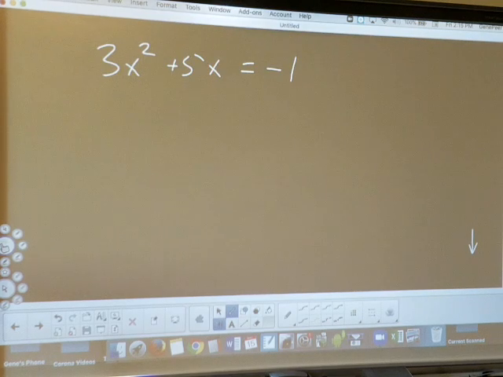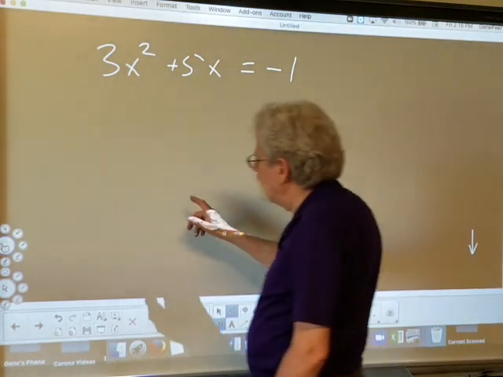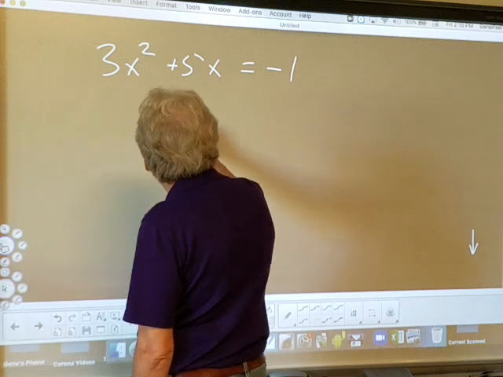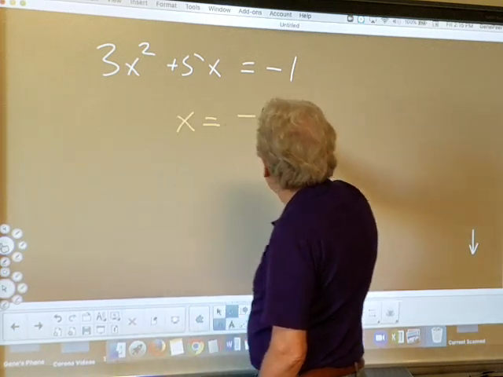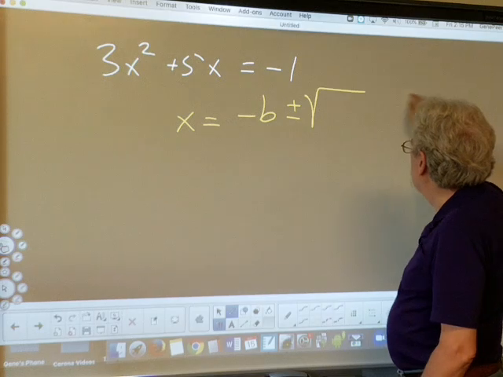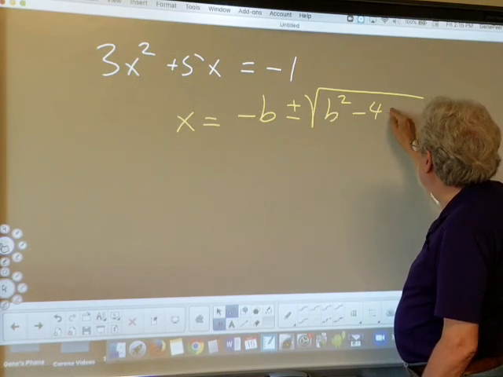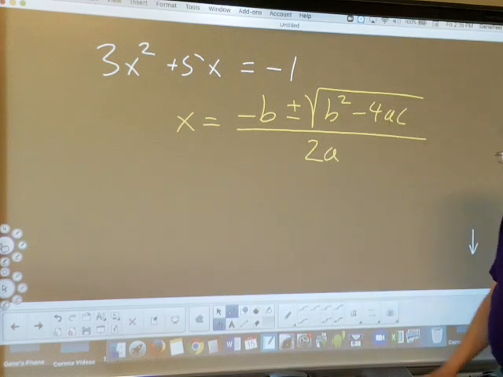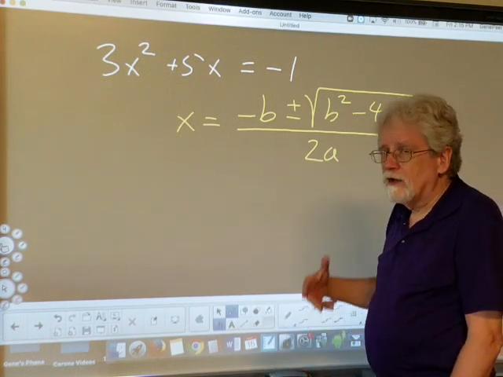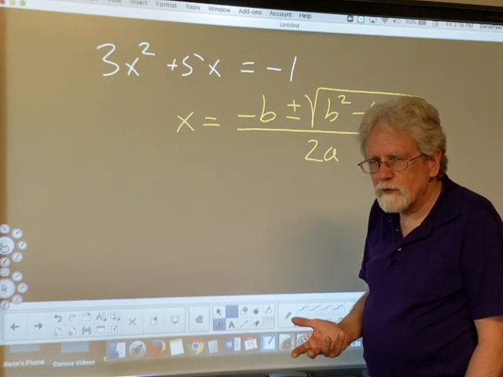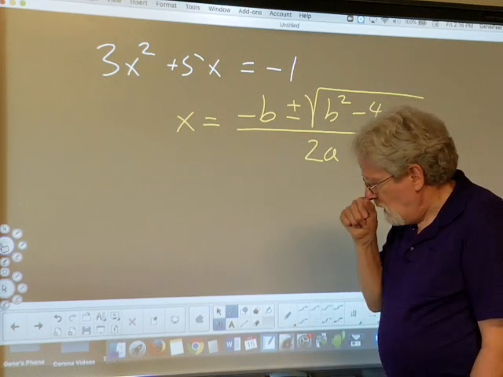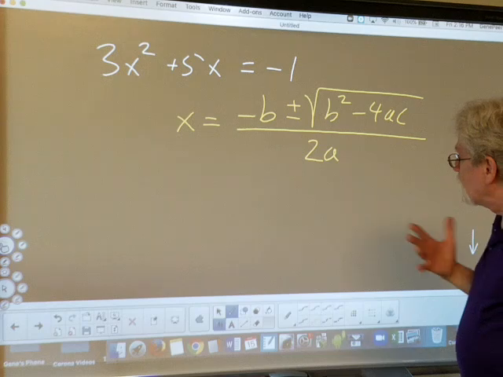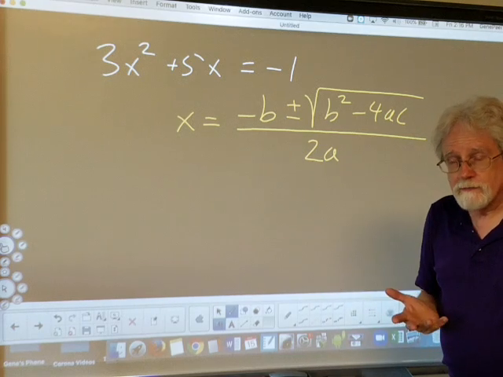Let's look at another example. As always, we start with our friend: x equals inverse b plus or minus the square root of b squared minus 4ac, all over 2a. By the way, that thing we did back in the beginning where we derived the quadratic formula by just completing the square, most likely you'll never have to do that again in your life.